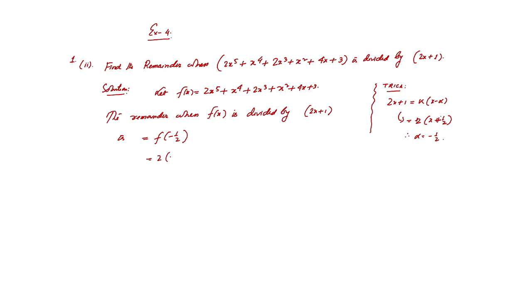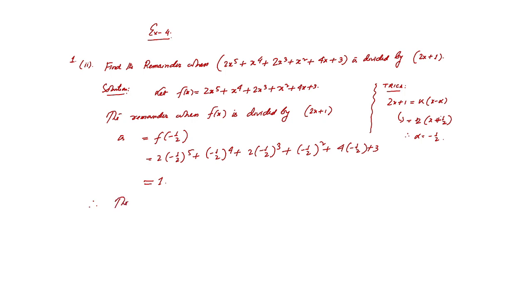So that means 2 into minus half whole to the power 5 plus minus half whole to the power 4, 2 into minus half whole cube plus minus half whole square, 4 into minus half plus 3. And here the value is 1.